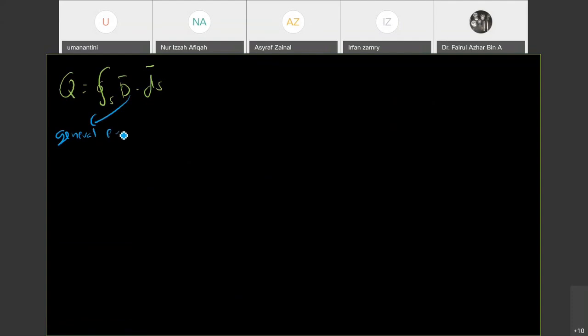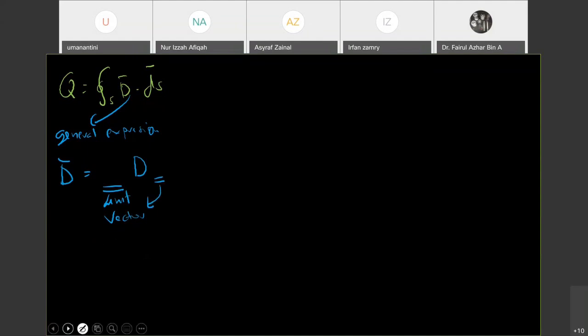So how can we derive this one? So we have D is equal to, so our unit vector here multiplied by D, and the subscript here will follow the unit vector.